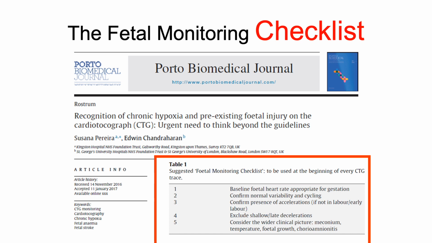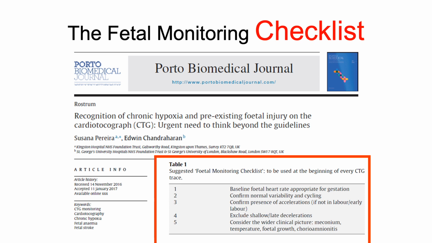As the gestation advances, due to the progressive maturation of the parasympathetic or vagal system, the baseline heart rate continues to fall throughout pregnancy, and therefore a fetus at 41 weeks cannot be expected to have a baseline heart rate above 150 beats per minute.